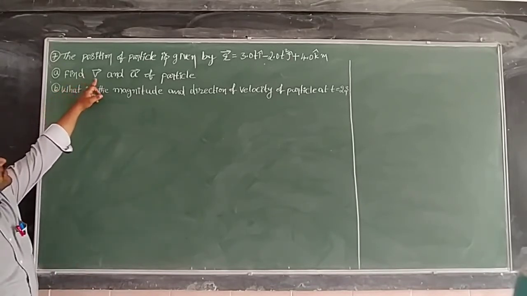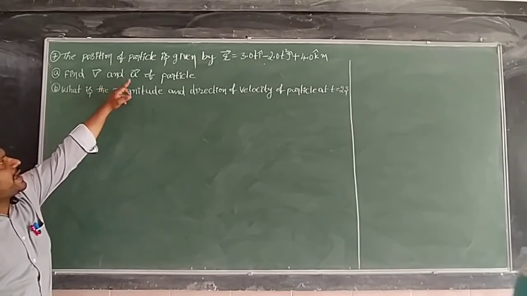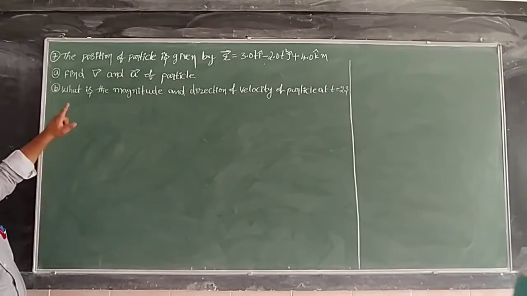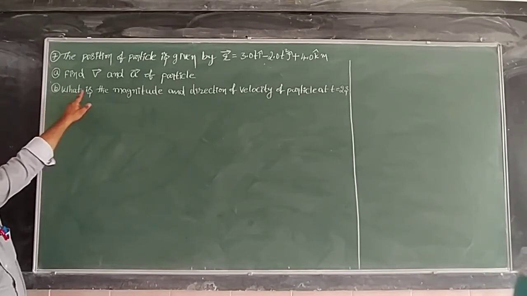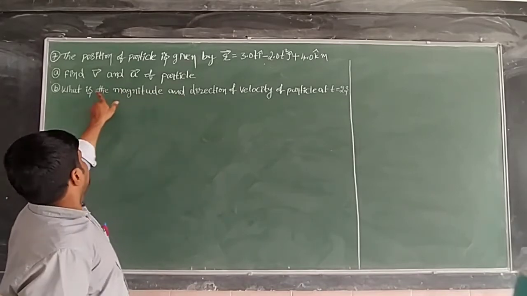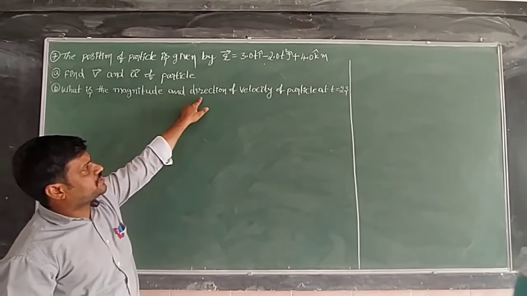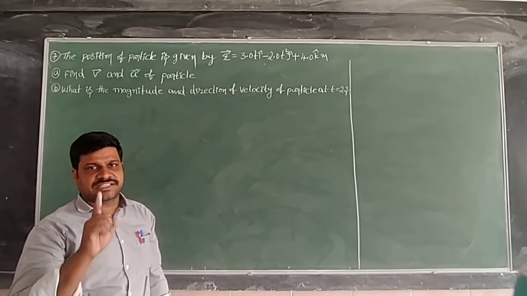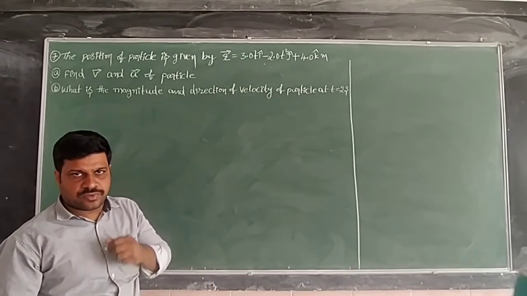Find the velocity vector and acceleration of the particle. That is the first question. The second: what is the magnitude and direction of the velocity of the particle at t equal to 2 seconds?